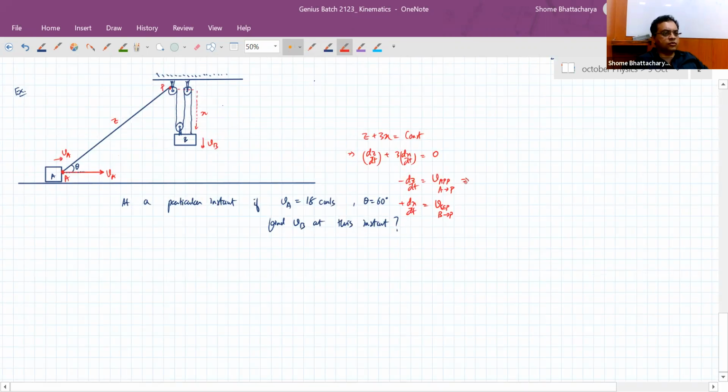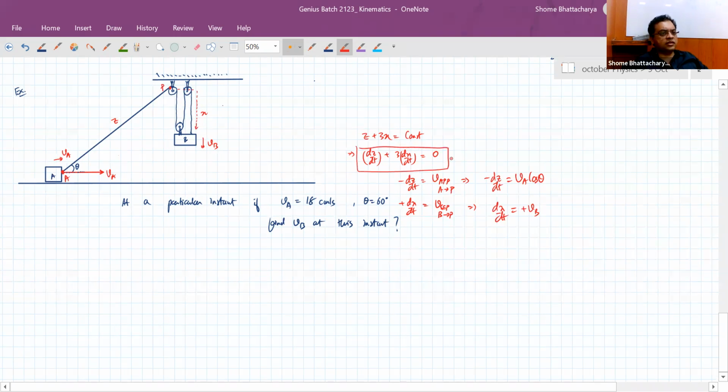So you can see that minus dz by dt is equal to VA cos theta, and dx by dt is plus VB. So substitute this here.